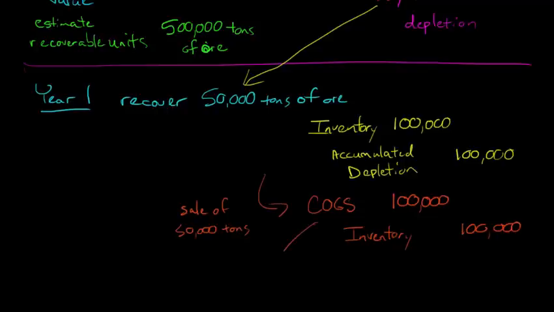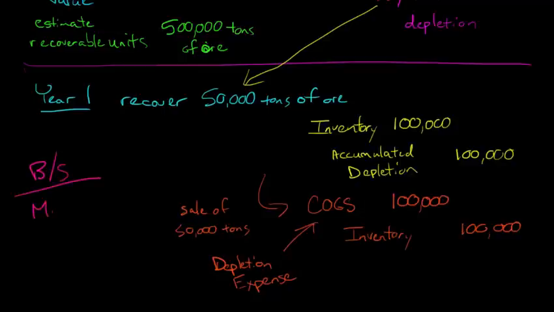You could also think about this as depletion expense, if that's more intuitive for you. And so that's our depletion expense. Basically, we have depleted that asset. Now let's go to our balance sheet for a moment, a mini balance sheet. We've got our asset, our mine here.